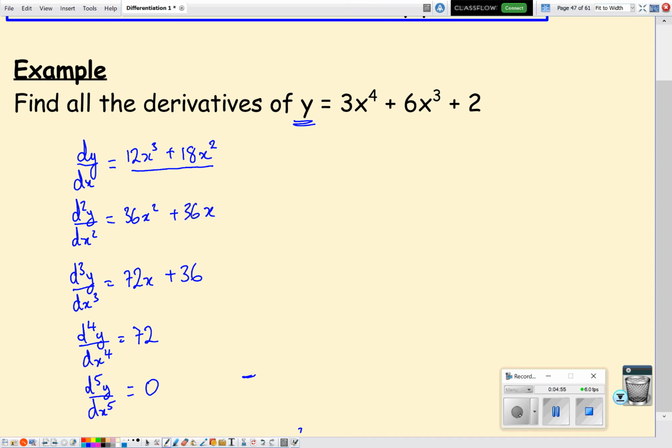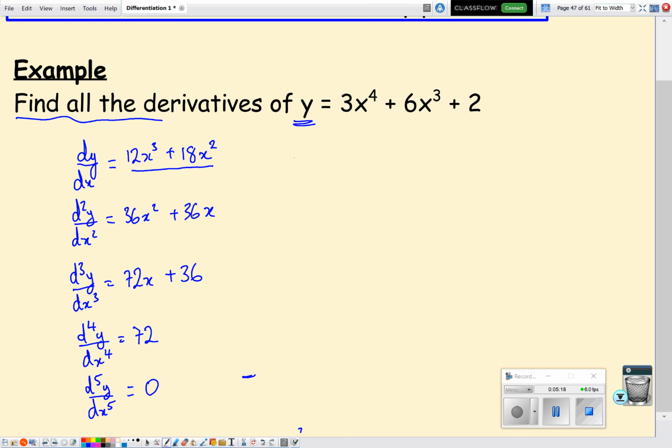Now, when we say find all the derivatives, you might be at risk of going on for quite a lengthy time with this. But there are only these derivatives here because, of course, if we went and found the sixth derivative, well, the derivative of 0 is 0, and so on it would go.